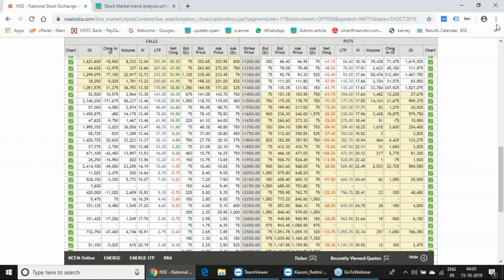We'll take any one call option and see what price it was trading at 9:15 in the morning, calculate as per the calculator, and see by 3:30 how much we have achieved out of that. That will be the best way to judge the performance of this calculator.